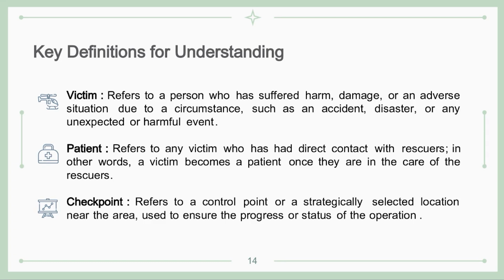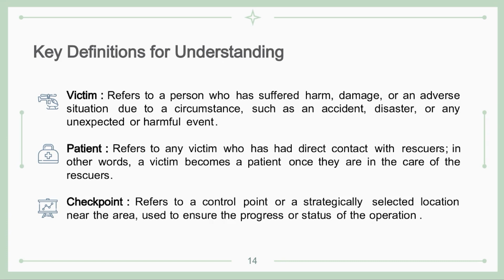Victim refers to a person who has suffered harm, damage, or an adverse situation due to a circumstance, such as an accident, disaster, or any unexpected or harmful event. Patient refers to a victim who has had direct contact with rescuers.